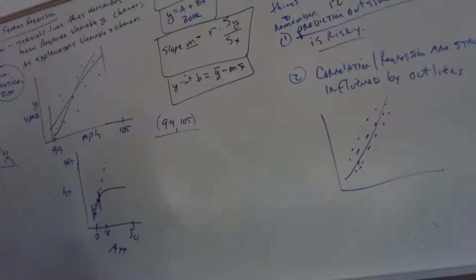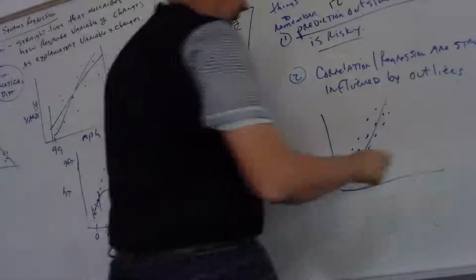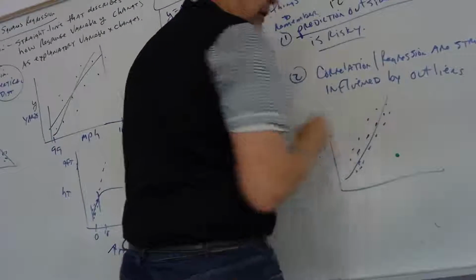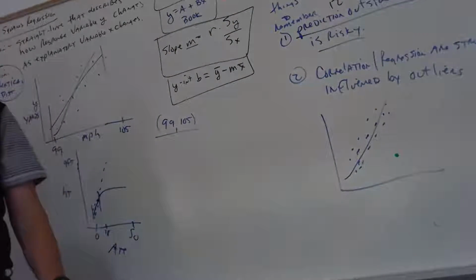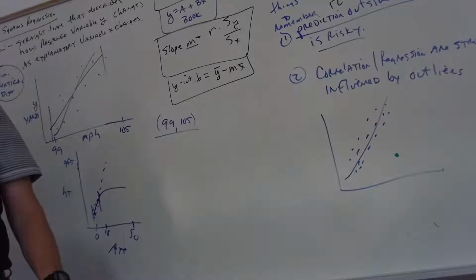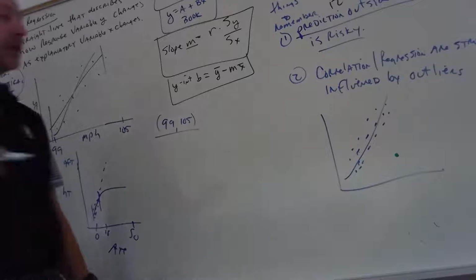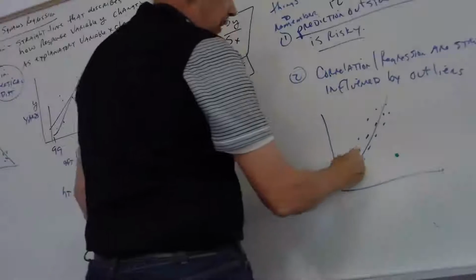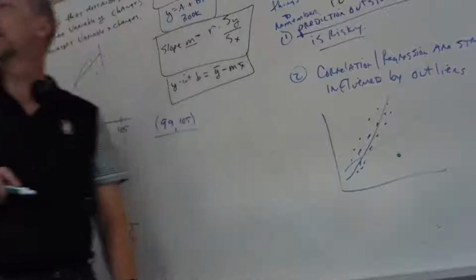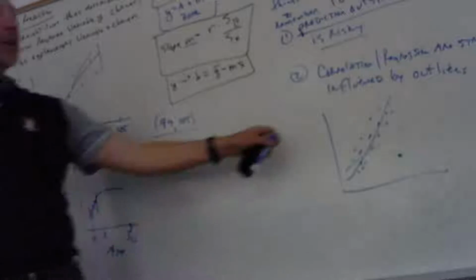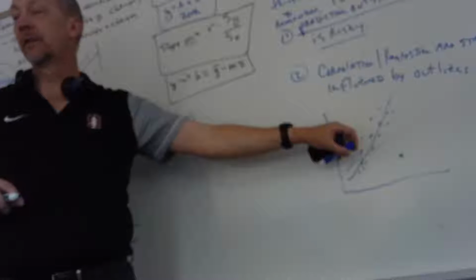What happens, and I'll pick a different color here, if I have, say, an outlier here? What's going to happen with my correlation, my regression is it's going to draw the line away over there. So it's going to change the slope rather dramatically.